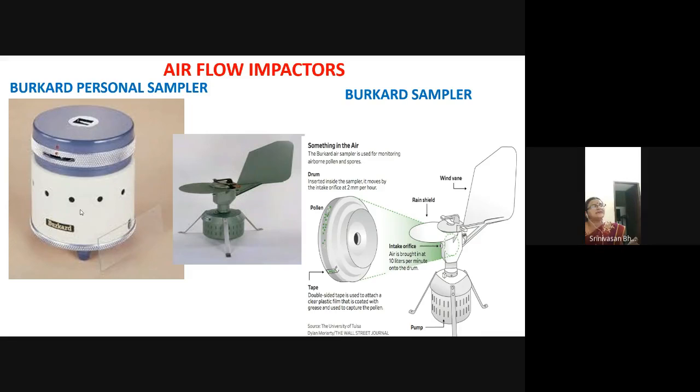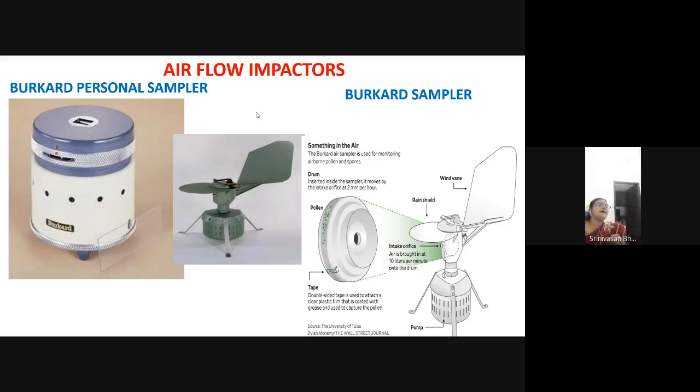So this is the Burkhard personal sampler, and here the sticky slide is inserted into this slot, and this is the inlet, which is horizontal in nature, where it collects the air. It is operated at 10 liters per minute, so the air is collected at 10 liters per minute by this Burkhard personal air sampler.